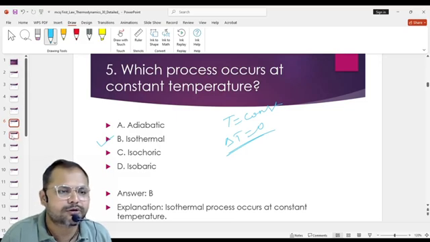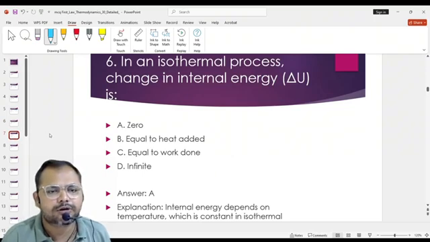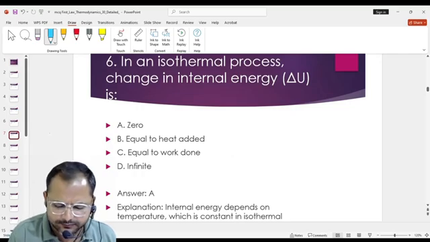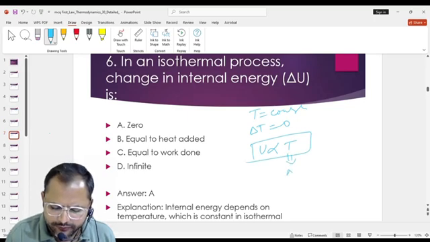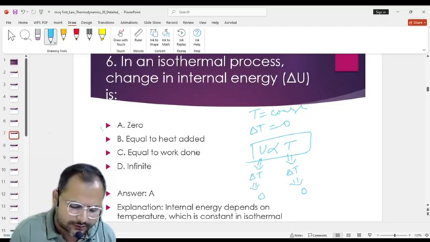So next question is, in an isothermal process, change in internal energy will be. In case of isothermal process, temperature is constant, change in temperature will be zero, and internal energy is directly proportional to temperature. If change in temperature will be zero, then the change in internal energy will be zero. Option A is the correct answer.